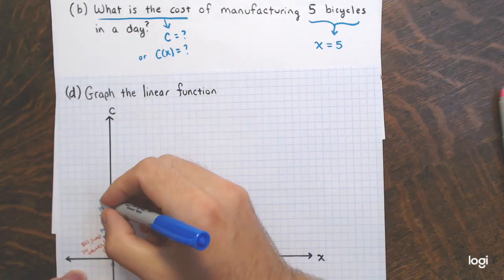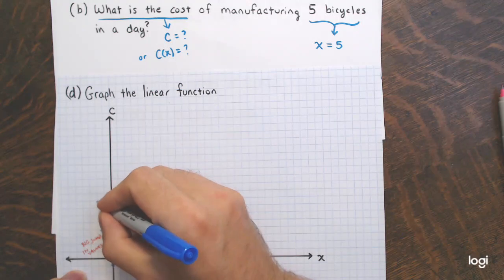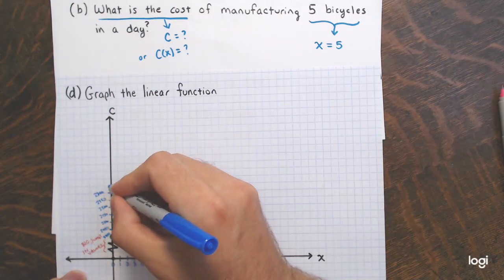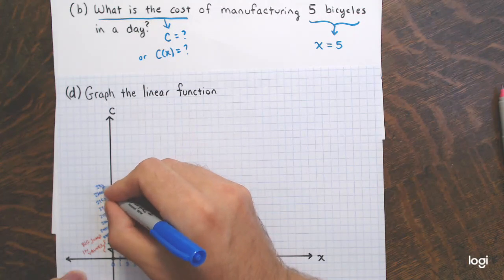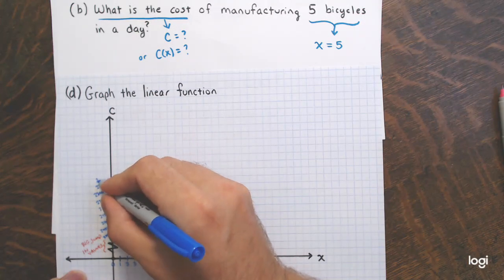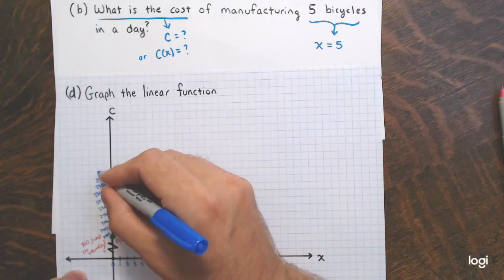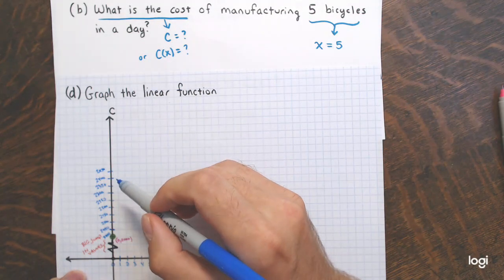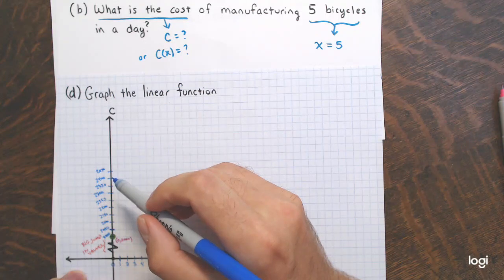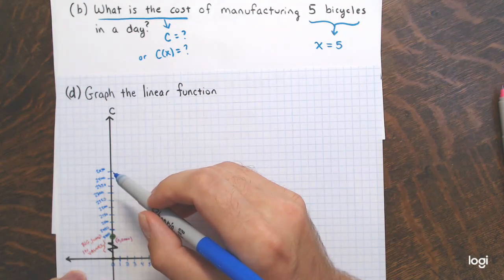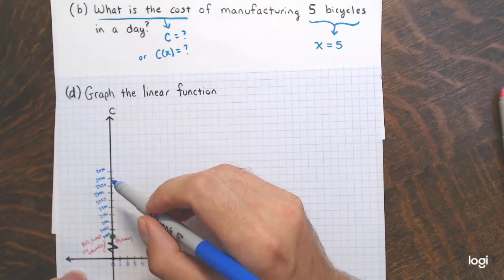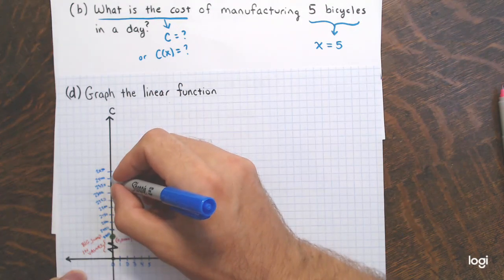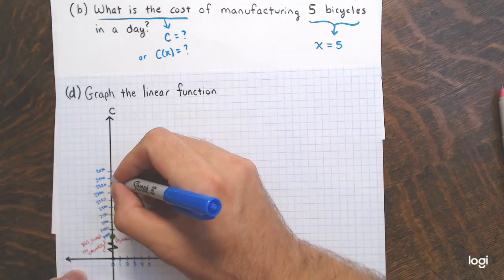All right, so there's 2,200, 2,250, 2,300, 2,350. There's 2,400, 2,450. Now 2,405 is just going to be a little bit above. It's a tenth of the way between these two, right? $5 is 1/10 of $50. So a little bit above 2,400 there.